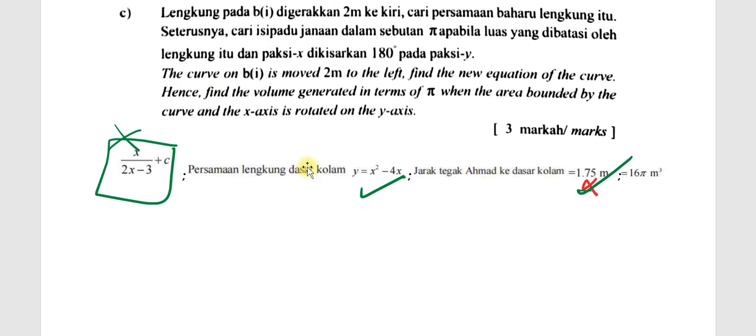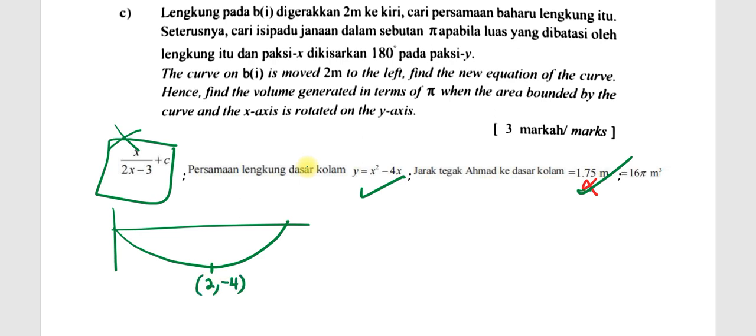Now look at the story like this. This is your pole. This is your 2 and negative 4, correct? Now you shift this graph 2 meter to the left. So what will happen? Earlier this was 0, this was 2, and this was 4. Now everything must shift 2 meter.